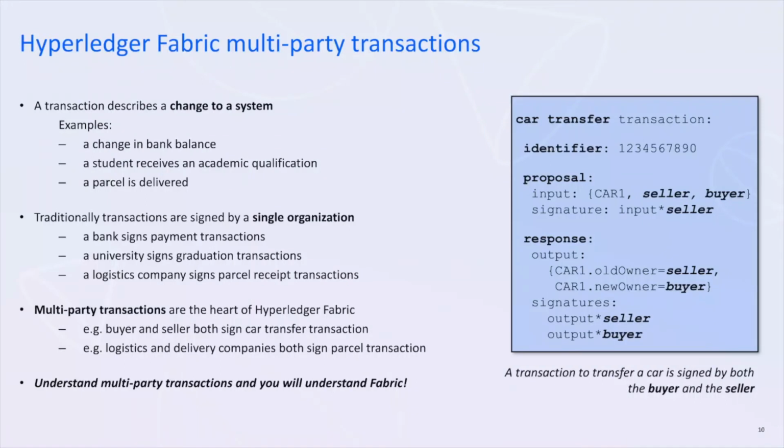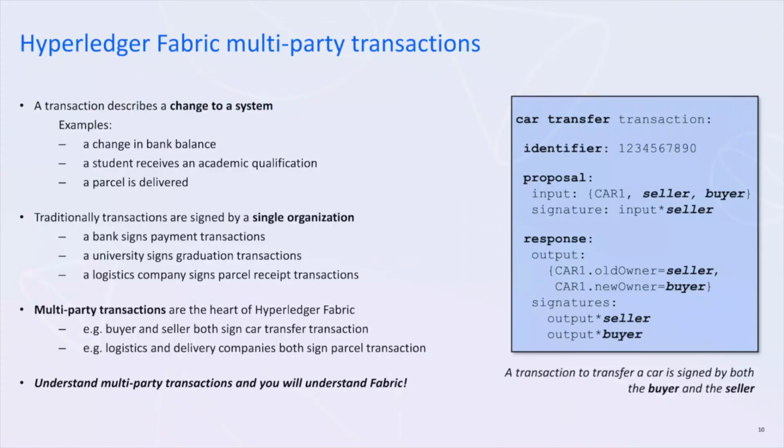But when you talk about multi-party transactions, that is where Hyperledger Fabric comes in. For example, if you are looking to buy a car from a vendor or a used car facility, the buyer and seller, two people, sign that car transfer transaction. Similarly, with a logistics company, the delivering company and the receiving company both sign the parcel transaction.